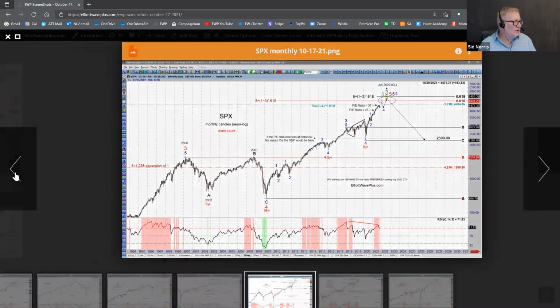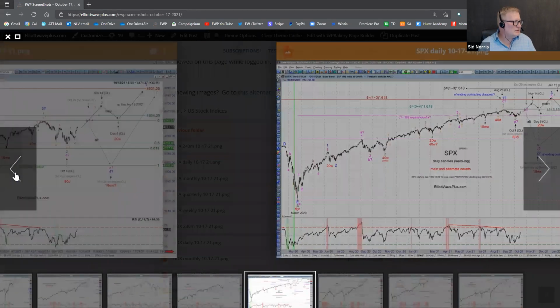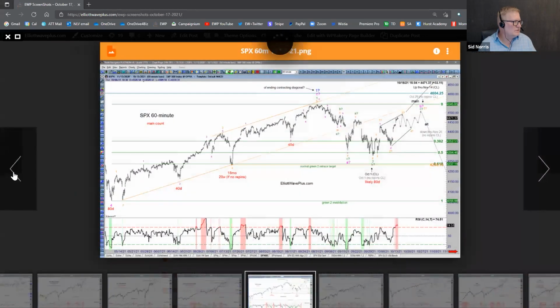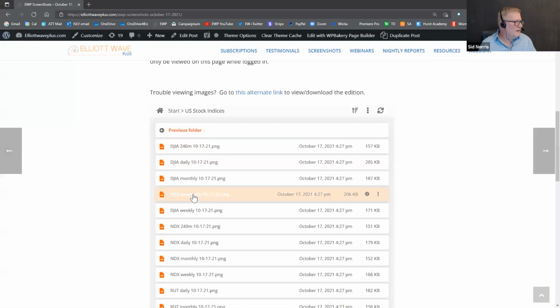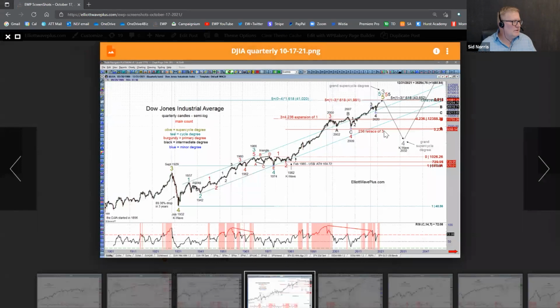The Dow chart, we get to the Dow Jones Industrial Average long-term chart here from this weekend. On the quarterly chart, there are three at this point, three different extremely large cycle Fibonacci targets in the Dow Jones Industrial Average, somewhere between 41,000 and 43,600 in a cluster there.